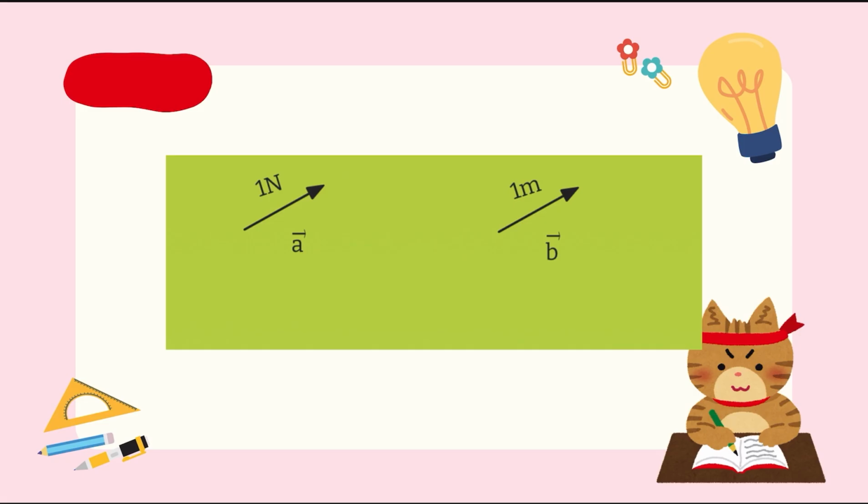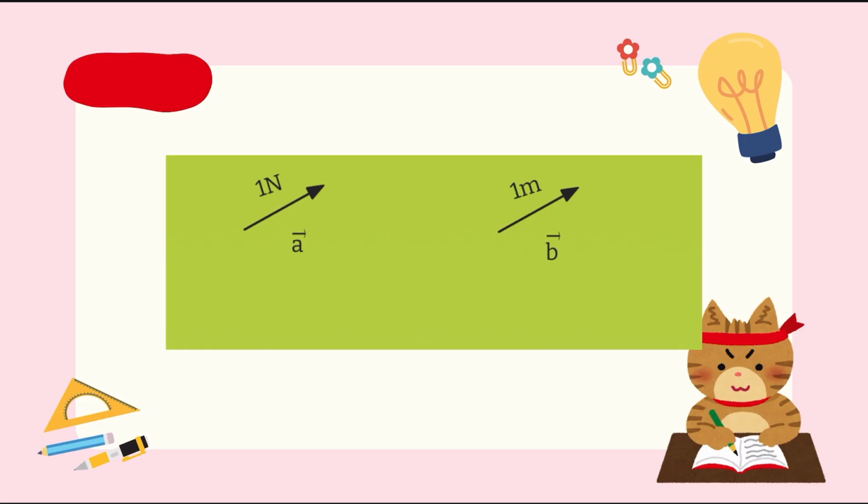And if it's a force, then it has a unit of Newton, so it's 1 Newton as a unit vector in force. The vector b has a magnitude of 1, which makes it a unit vector, and the unit of it is meter. So 1 meter means that it is a unit vector in length.